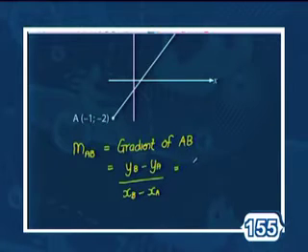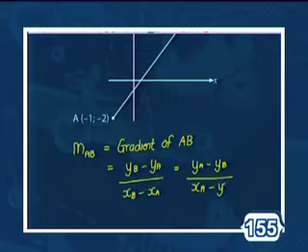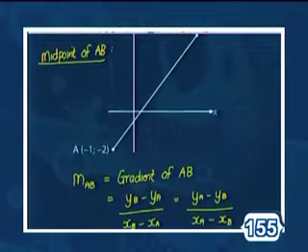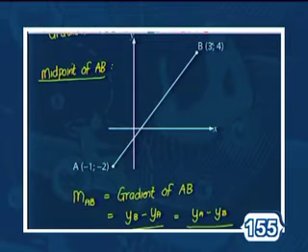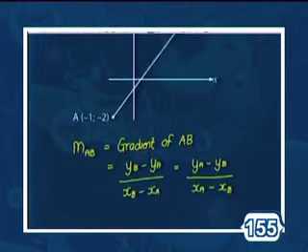And of course, just to repeat, you could have done it the other way around, just keeping your values in line. So YB, XB, YA, XA, YA, XA, YB, XB. Right, so let's plug in our values. These values are 3 and 4.